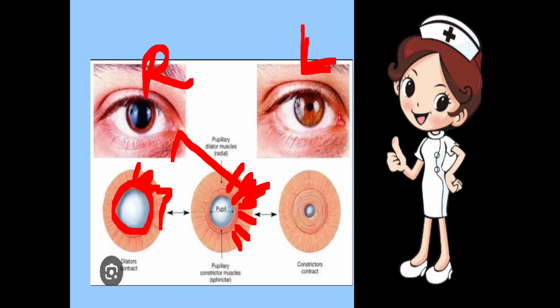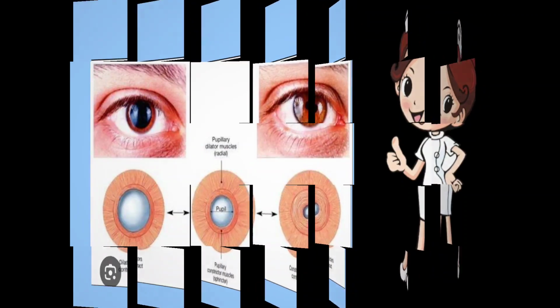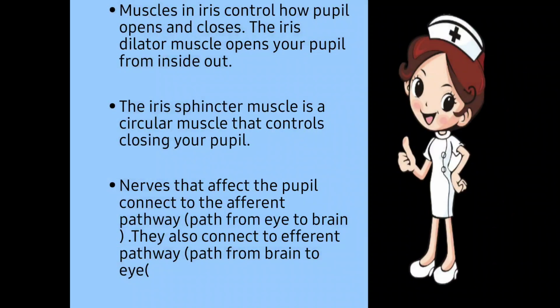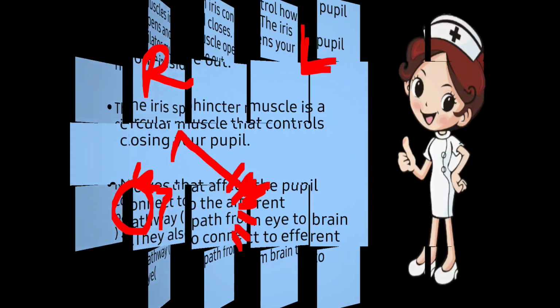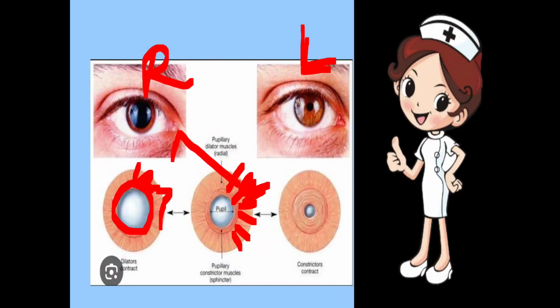Both of these help to contract as well as relax, opening or closing the pupil. The iris dilator muscles open the pupil. These are the dilator muscles, the radial muscles. They help to open the pupil, and the other ones, the constrictor muscles, help to close the pupil.